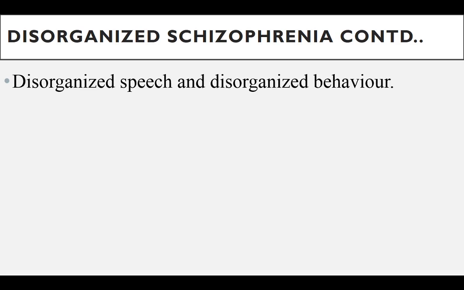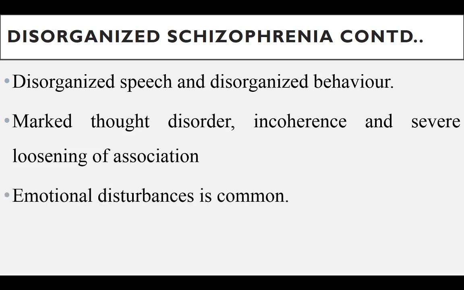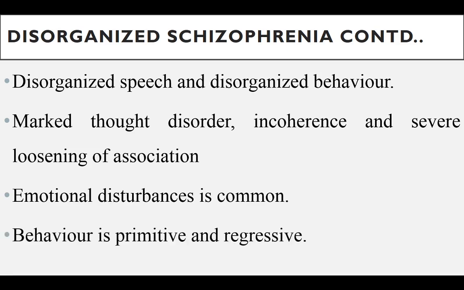These hebephrenic or disorganized patients have disorganized speech and disorganized behavior. They have marked thought disorder, incoherence and severe loosening of association. Emotional disturbance is common, and behavior is primitive and regressive. What is primitive? Primitive are all those old Stone Age behaviors, very uncivilized.